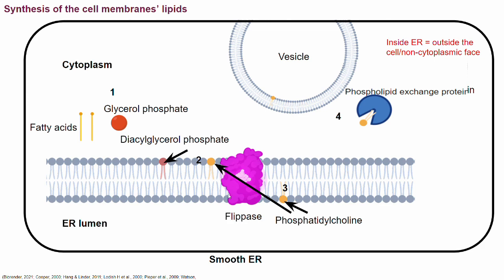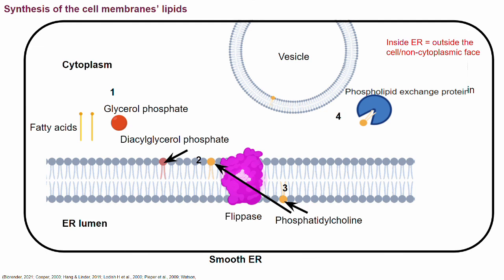If it needs phosphatidylserine, the same, serine and phosphate will replace the phosphate head of the diacylglycerol phosphate. That's the second step. Now, also in the case of sphingolipids, this glycerol is replaced with sphingosine. Okay, so the steps are usually the same, but the components that are used are different, depending on the lipid that the cell wants.